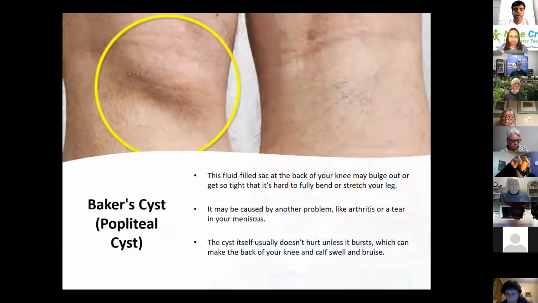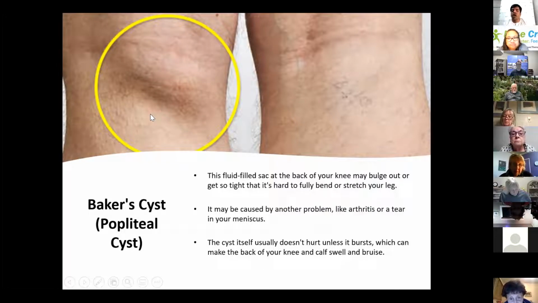And next one is at the back of the thigh. These pictures are of the back of the knee. Baker's cyst is a fluid accumulation inside the capsule of the joint, especially at the back. There can be multiple reasons.